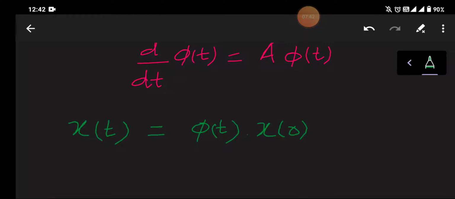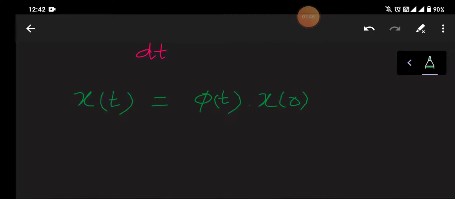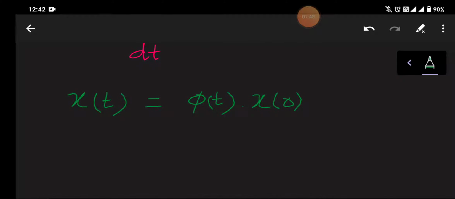So this is how the state is transferred.